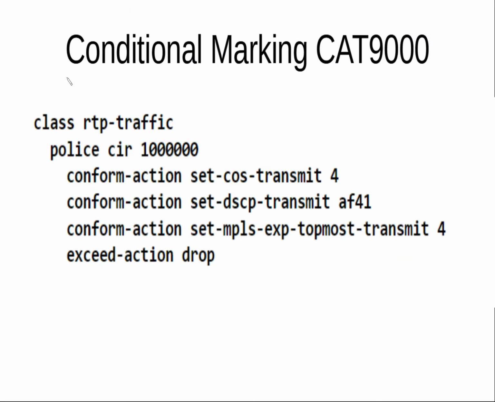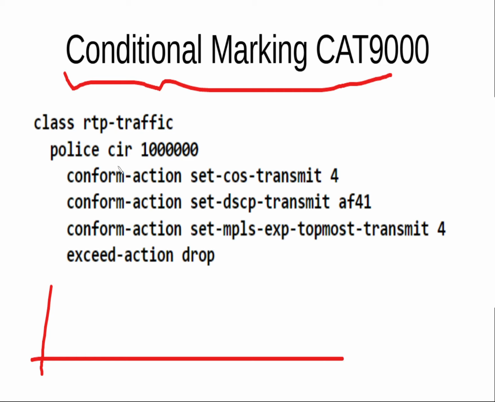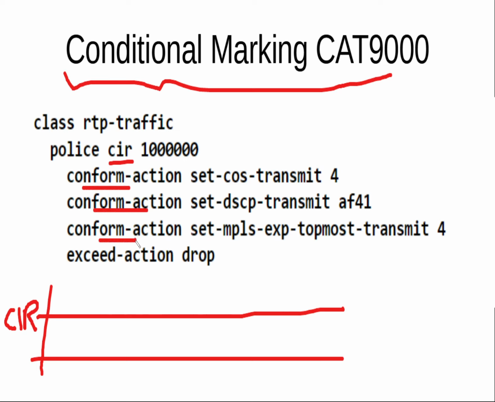So we have another example here with conditional marking. So we are using policy here, using CIR. We are not using PIR, only CIR. So what we're saying here is that the conform action will set these three values.